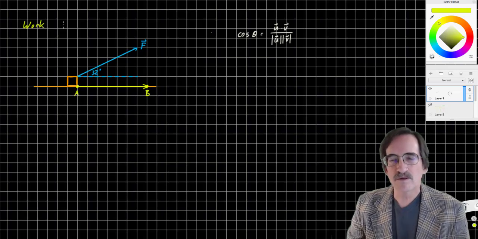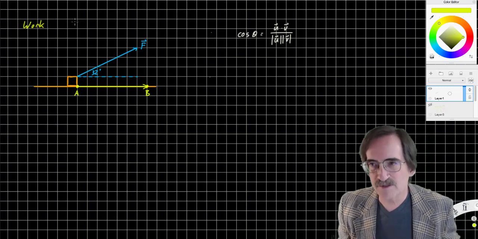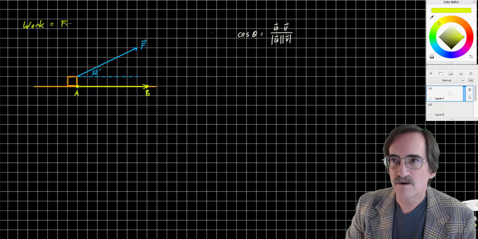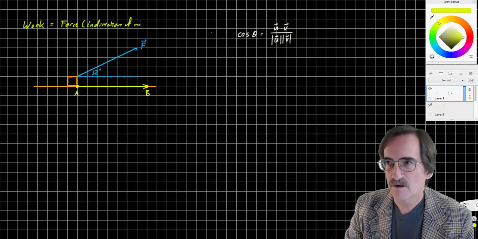Work is measured in a unit called joules, and is defined in physics as the force in the direction of motion times displacement or distance.